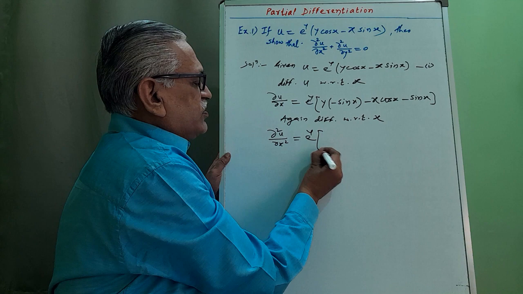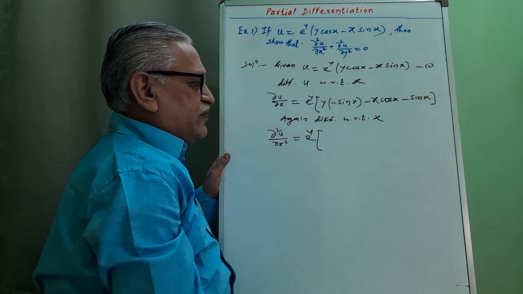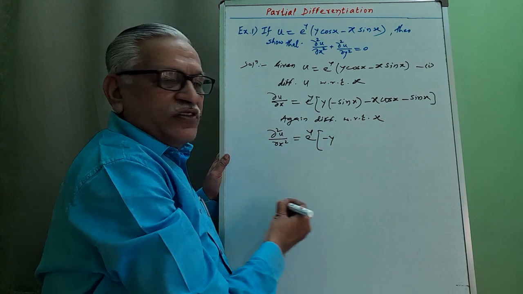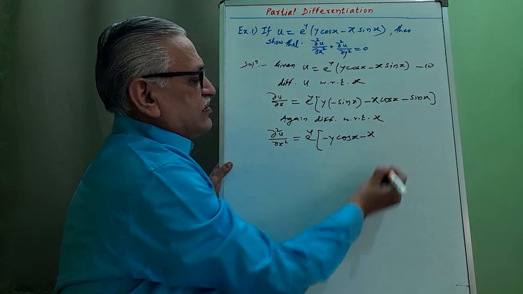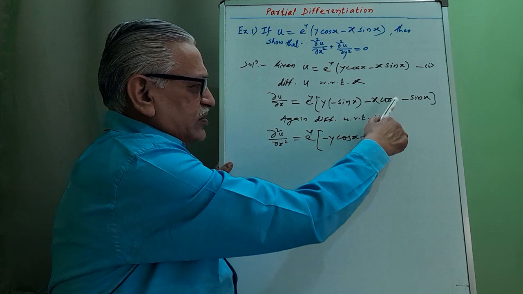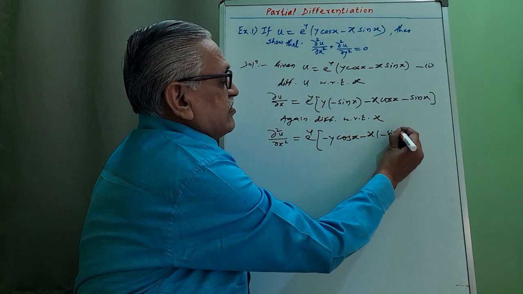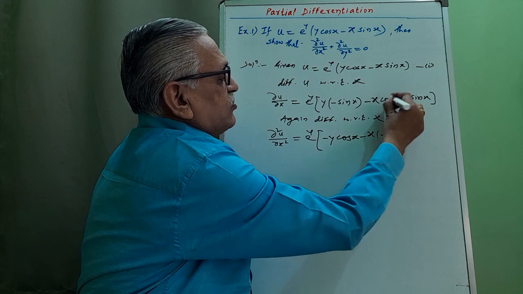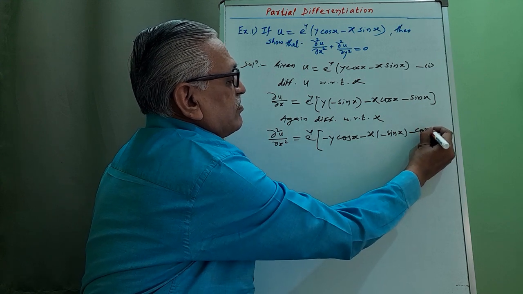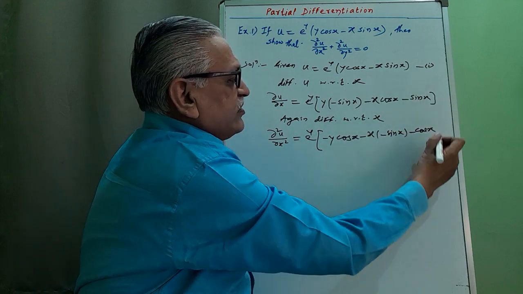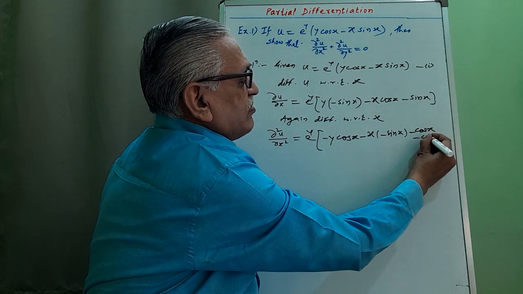e raised to y constant term. Differentiating these three terms with respect to x. The derivative of the first term is minus y constant. Derivative of sin is cos. Applying product rule, x into derivative of cos is minus sin x, minus cos x. Derivative of x is 1 and derivative of sin x is minus cos x.